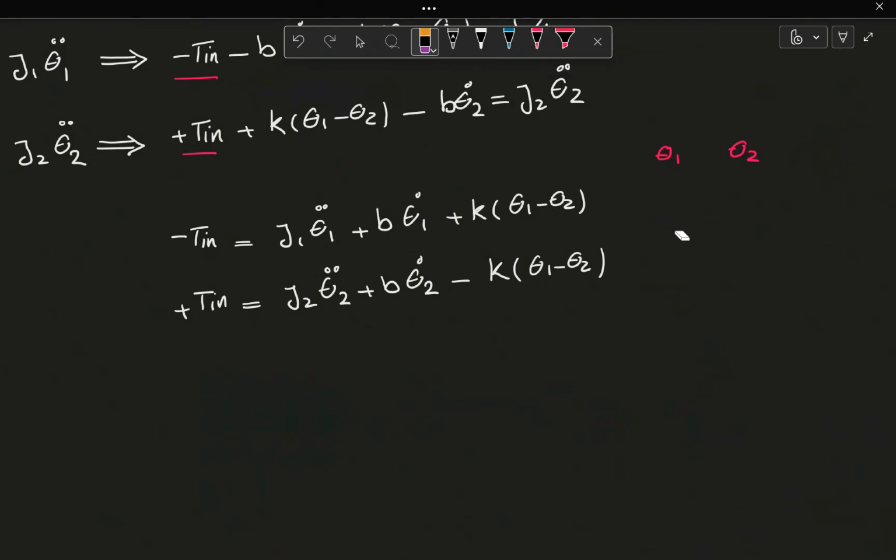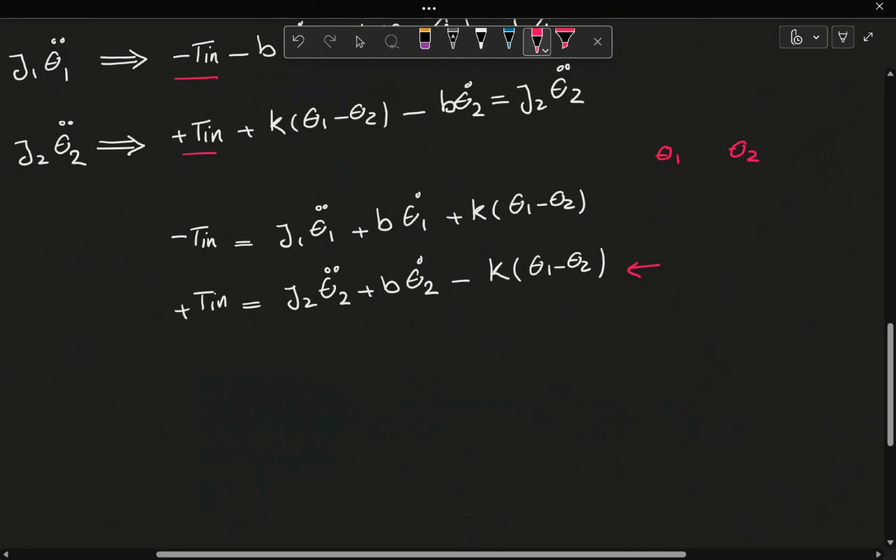Similarly, in the second equation, you again have two families, theta 1 and theta 2. For theta 2, you have theta 2, theta 2 dot, and theta 2 double dot. For theta 1, you have only one member, which is theta 1. Okay?